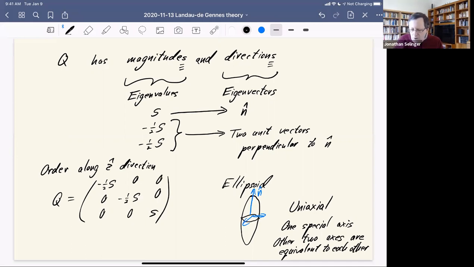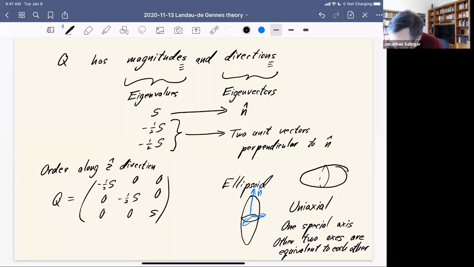So it could be an ellipsoid that is oriented vertically like this, right? That's a liquid crystal which is aligned with the director along the z-axis, or it might be horizontal. So, an ellipsoid this way.